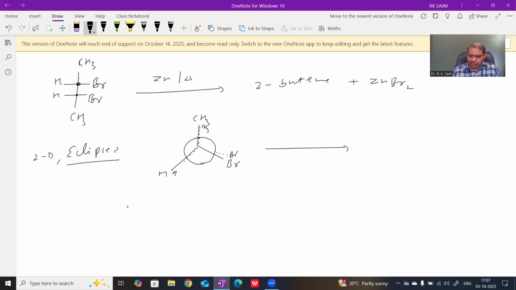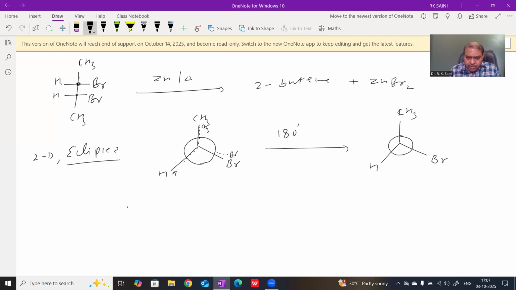The molecule rotates in such a way that both leaving groups are in anti position to each other. The front carbon remains constant, and the groups of the back carbon are rotated so that both leaving groups become anti to each other.